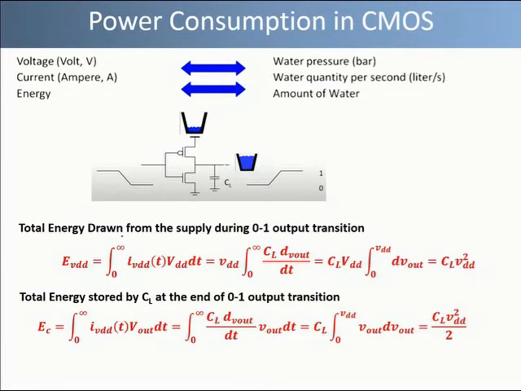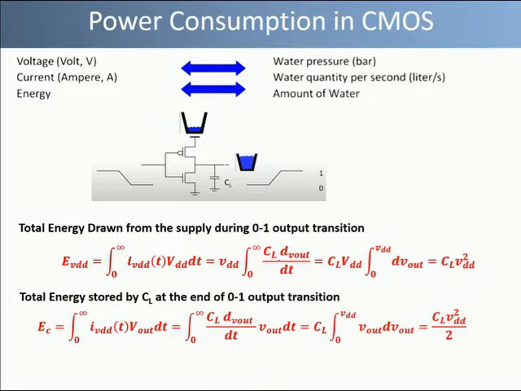Now the total energy drawn from the supply during 0 to 1 transition of output is equal to the integral of power, which is equal to the total current times the supply voltage VDD.